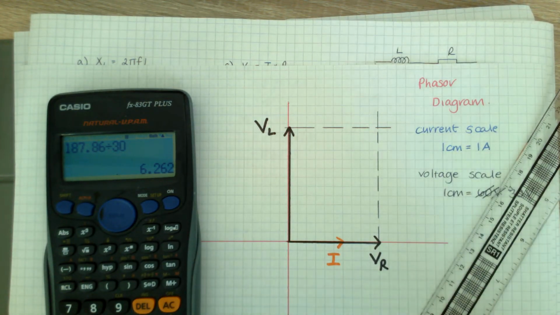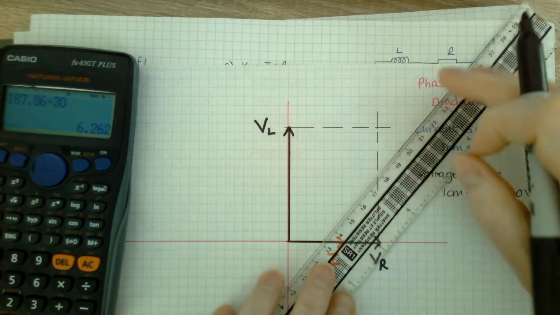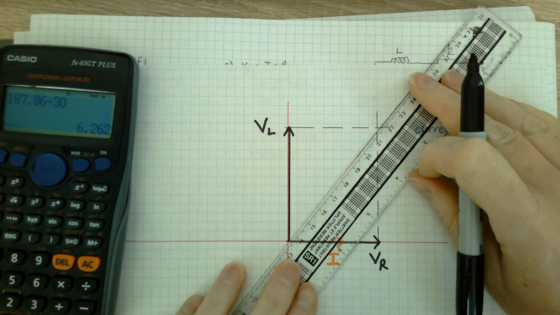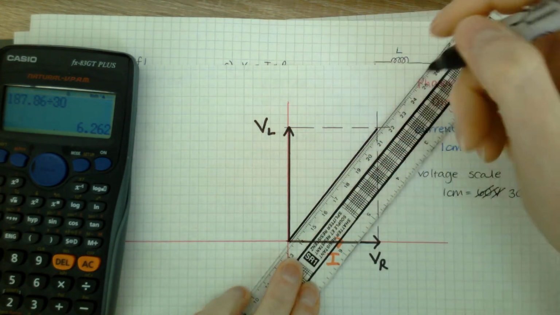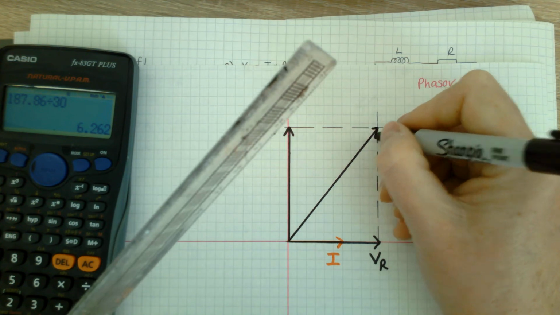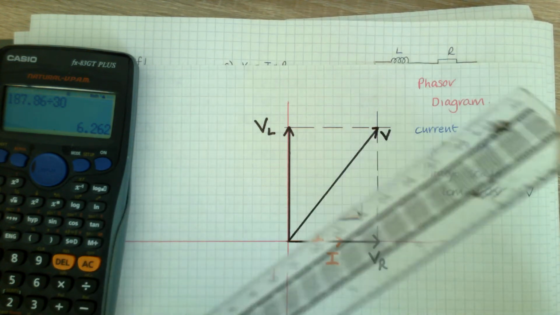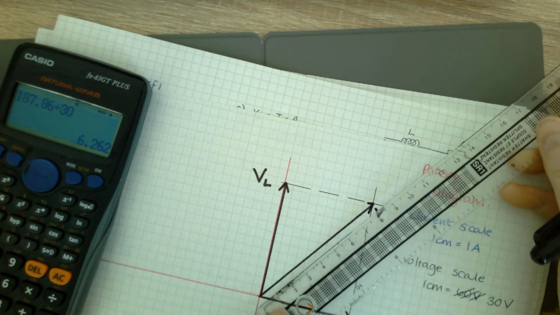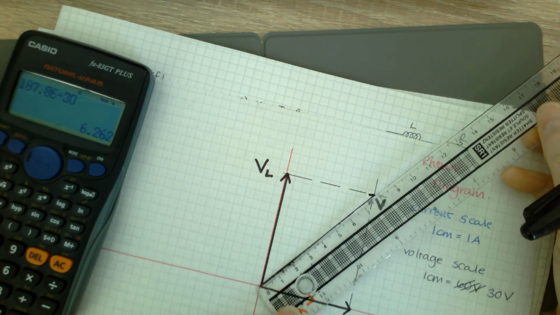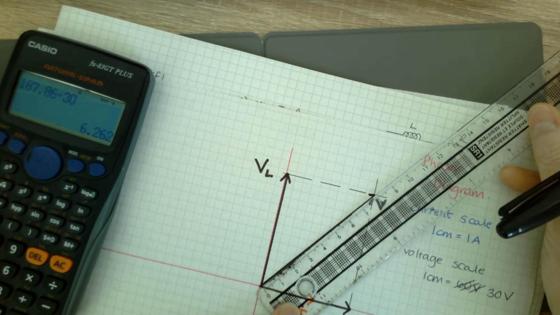In the phasor addition of VR and VL, it's a series circuit, you should be able to add them up and get your supply voltage. And when I measure that on my scale, I'm getting that to be 8 centimetres.